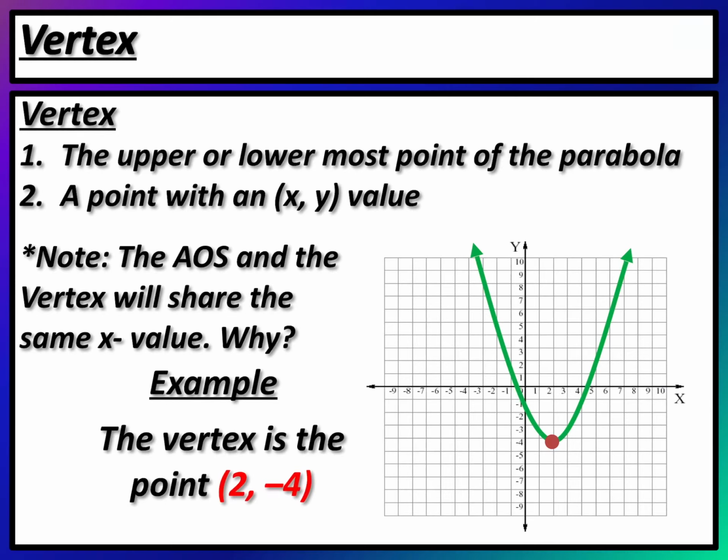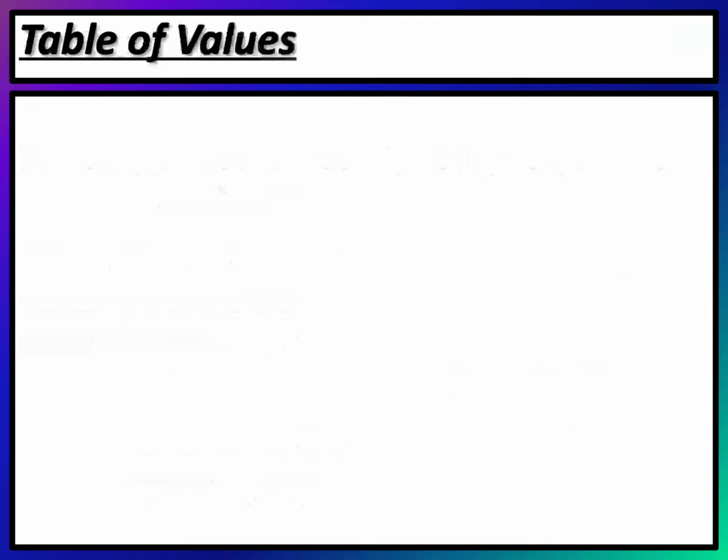So remember that dotted blue line that was in our graph in the previous slide. This ordered pair sits on that line. So they are at the same x value. So that means when we go to find our vertex, we're going to use the value from the axis of symmetry and carry that in to the next step of our problem.